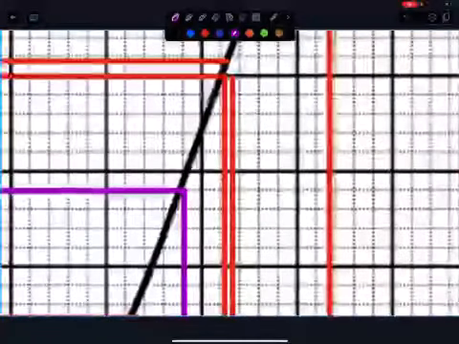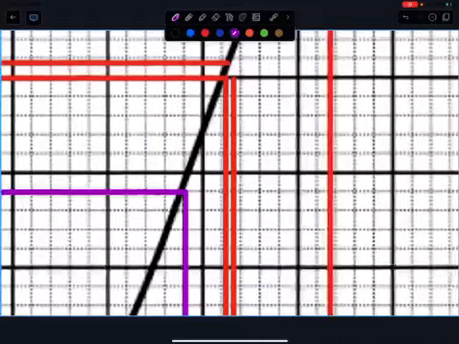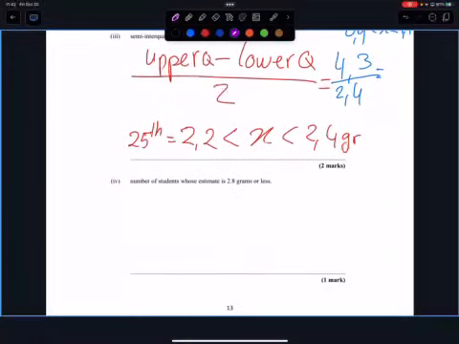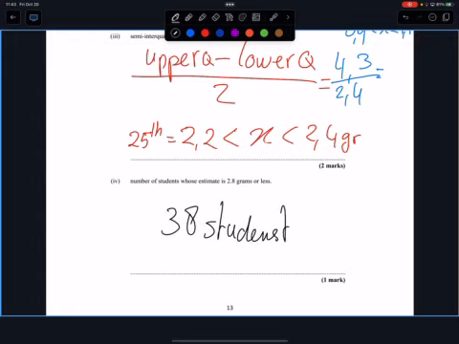If you zoom in specifically, it's at 38. But they say give an estimate. In certain exams, they will be very strict. So make sure when the line passes through a specific coordinate, you write it exactly. Give or take, the exact number is 38 students. If you did 39, 40, I counted it as correct as well, because it says estimate. It's not 100%.